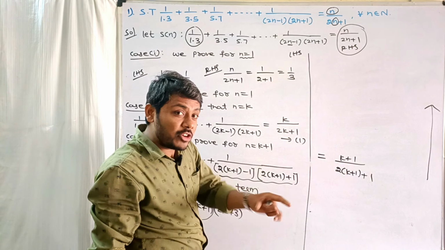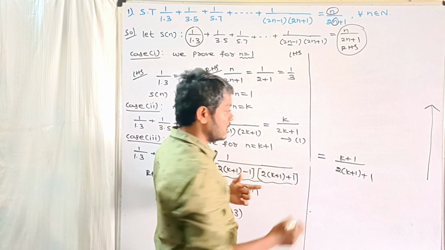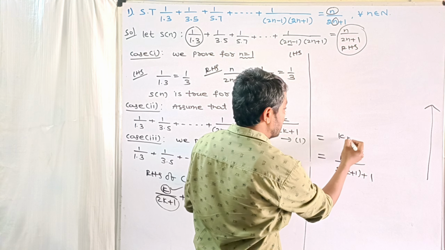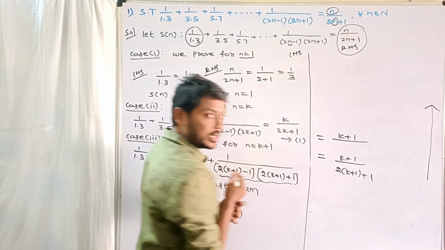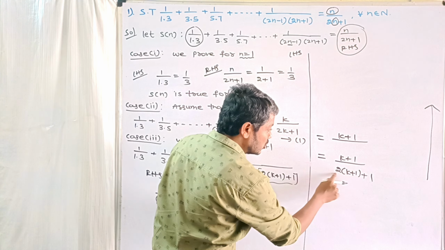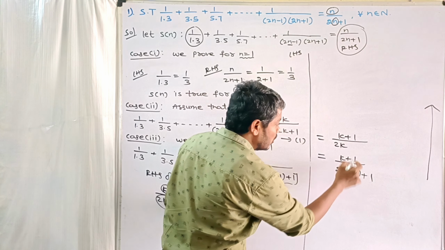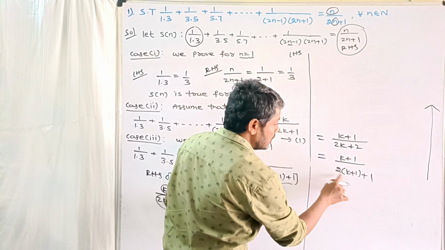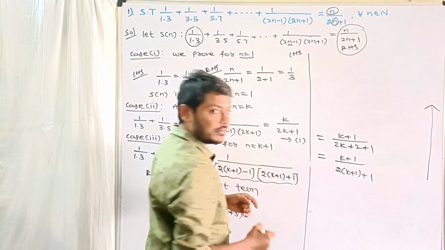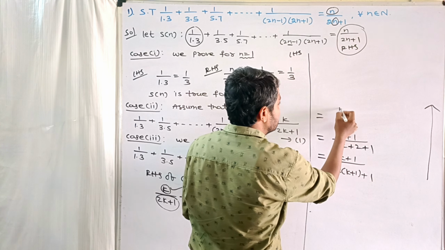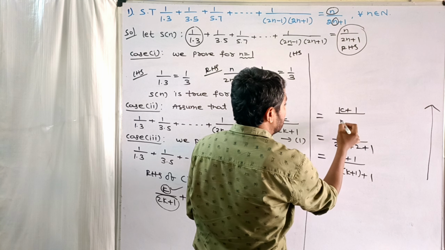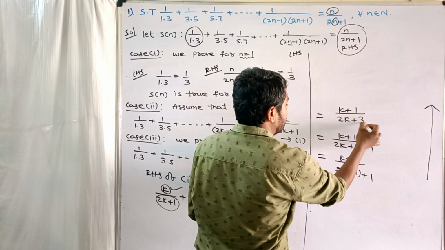So we can simplify from the back side, that is (k plus 1) divided by multiplying these two, 2 into k, 2k, 2 into 1, 2 plus 1, again which is (k plus 1) by 2k plus what? 3.